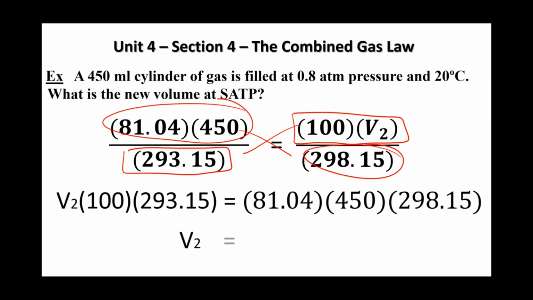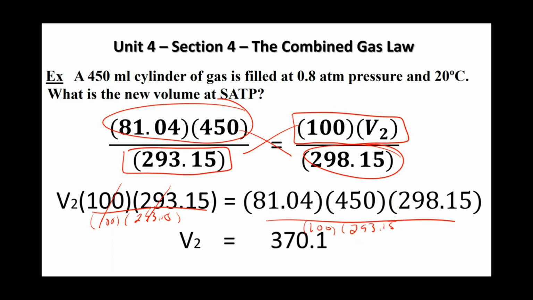To solve this one, it looks like we're going to divide both sides by 100 and 298.15. Cancel, cancel. So that also gets divided by 100 and 293.15. And if you type all this into your calculator, you end up with 370.1. And again, the units is going to be milliliters here. And if you get that value, then you have done it properly.